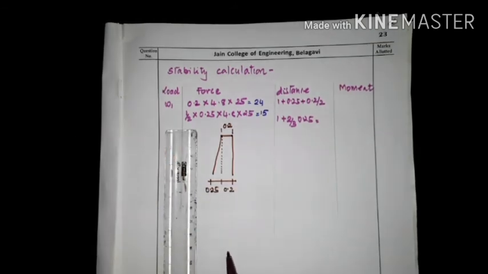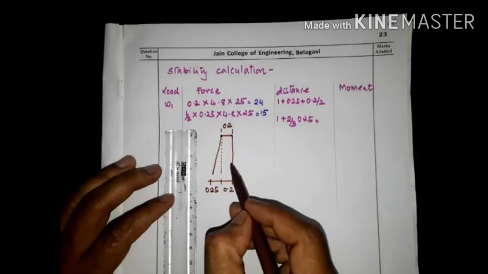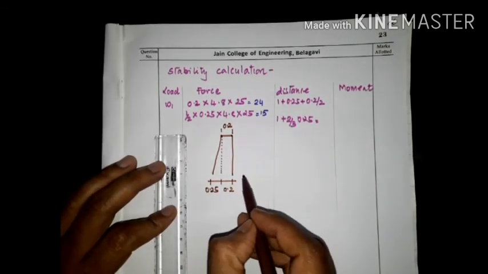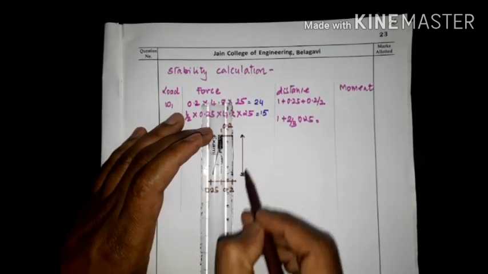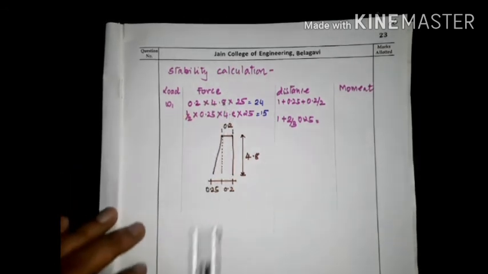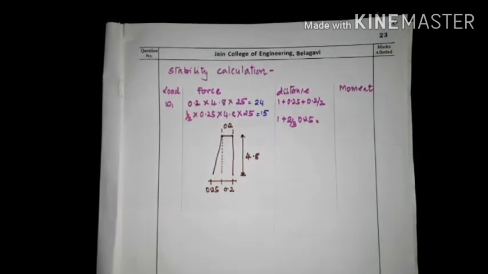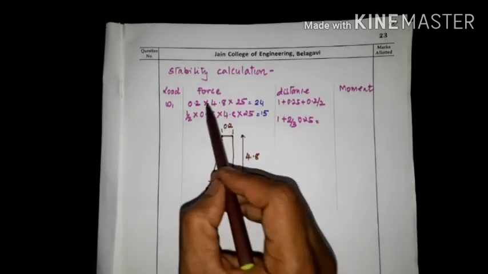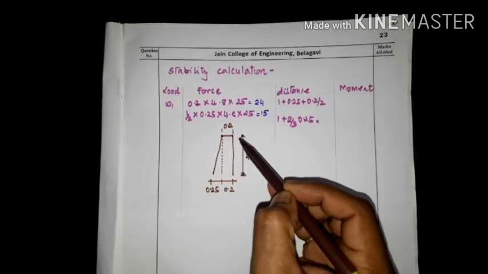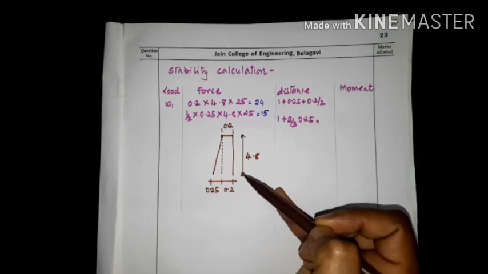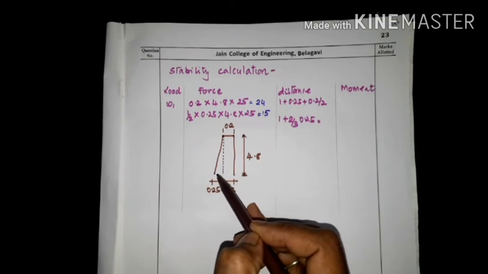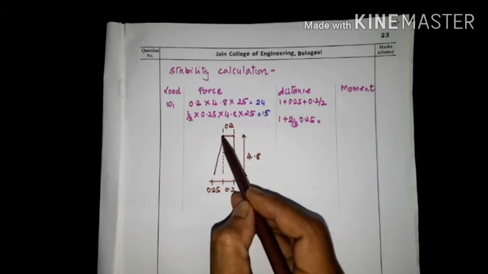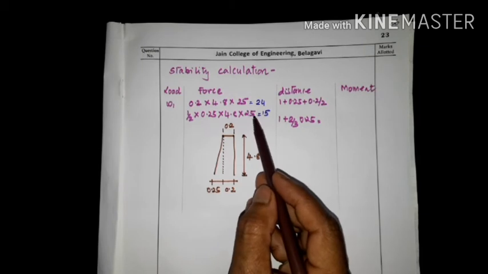Understood? So this height, from here to here, is 4.8. Clear? So here for the first load it is 0.2 by 4.8 into density 25, and for triangular portion, half, base is 0.25, height is 4.8 into density of concrete 25.